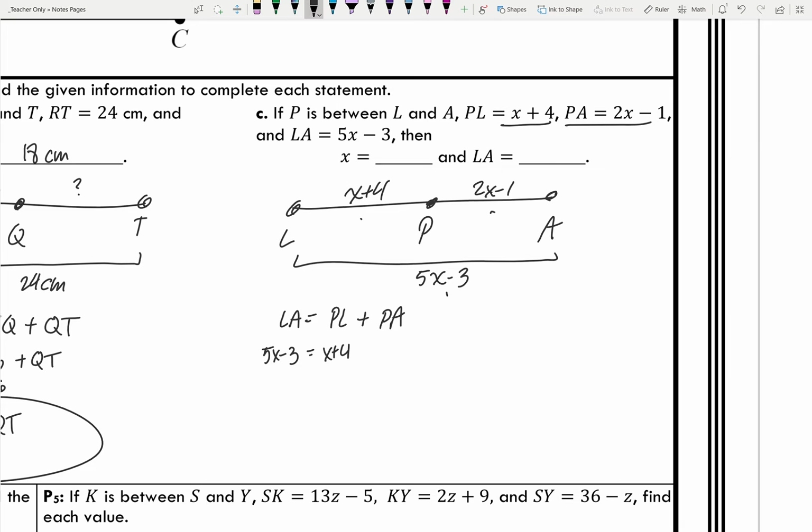And then PA is equal to 2x minus 1. Alright, so 5x minus 3, x plus 2x is equal to 3x, 4 minus 1 is equal to 3. Alright, so now I'm going to subtract 3x from both sides.